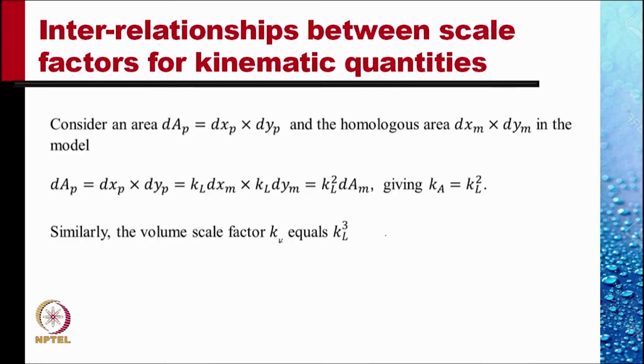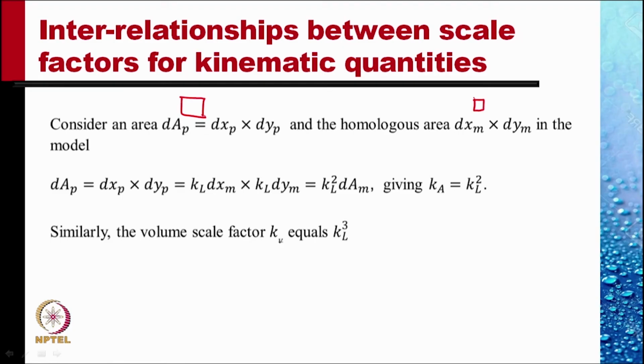To begin this consideration, let's consider a small area in a prototype with one dimension dxp and another dimension dyp. So dAp would be dxp times dyp. The homologous area in the model has the length dxm in the x direction and dym in the y direction.